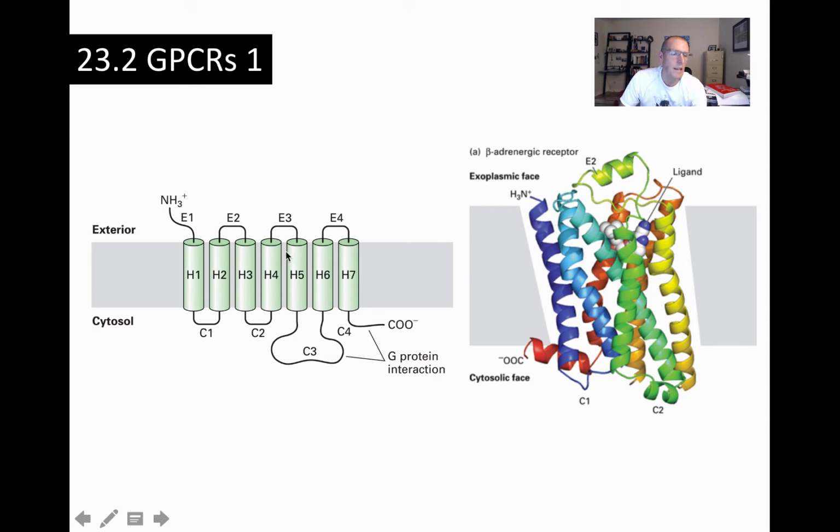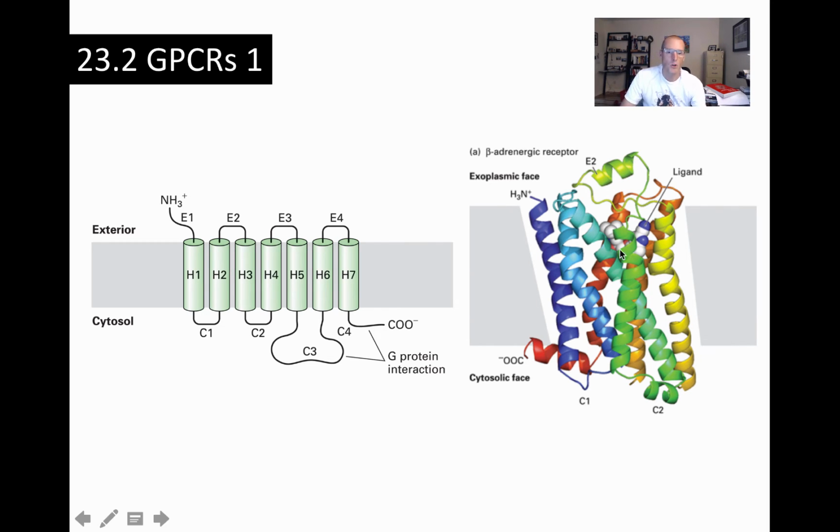And then the exoplasmic face, the exterior face, right in here is where you're going to see the ligand binding on the extracellular face. So we've got G protein activation down here on this side and ligand binding up here on the exoplasmic face.